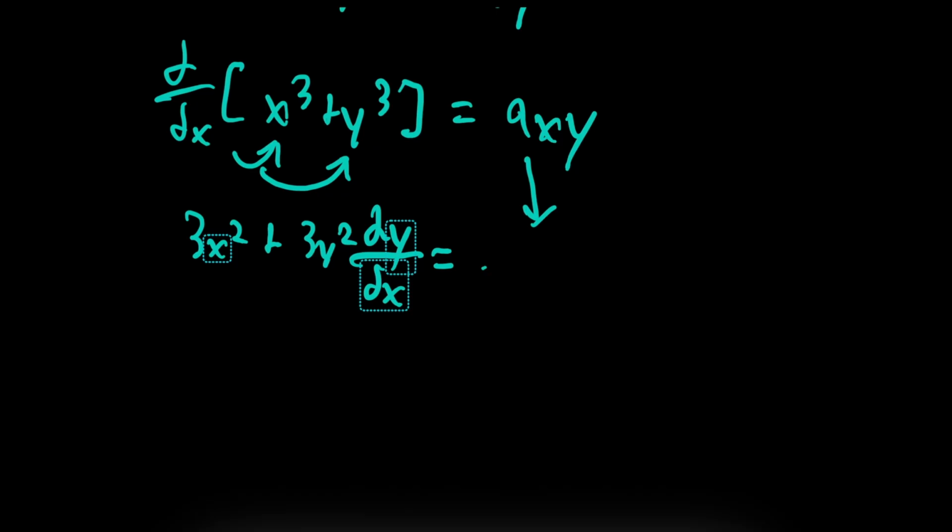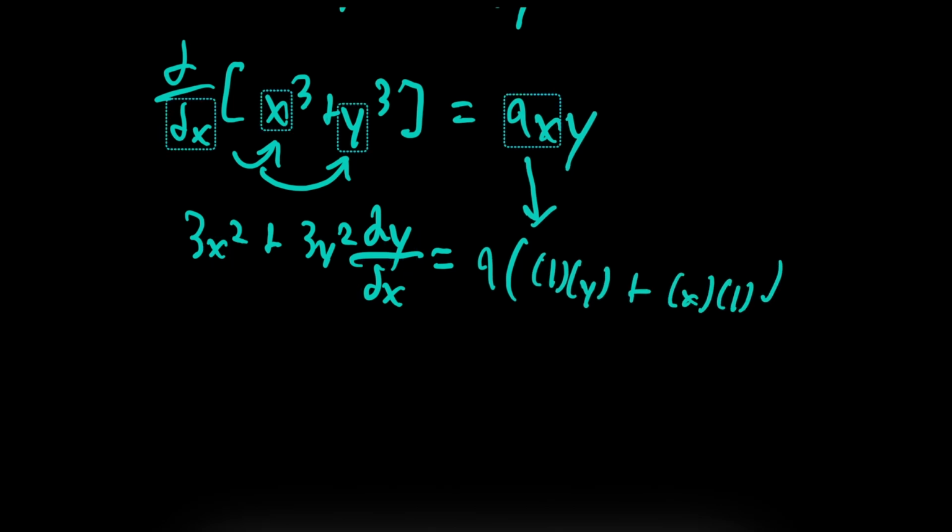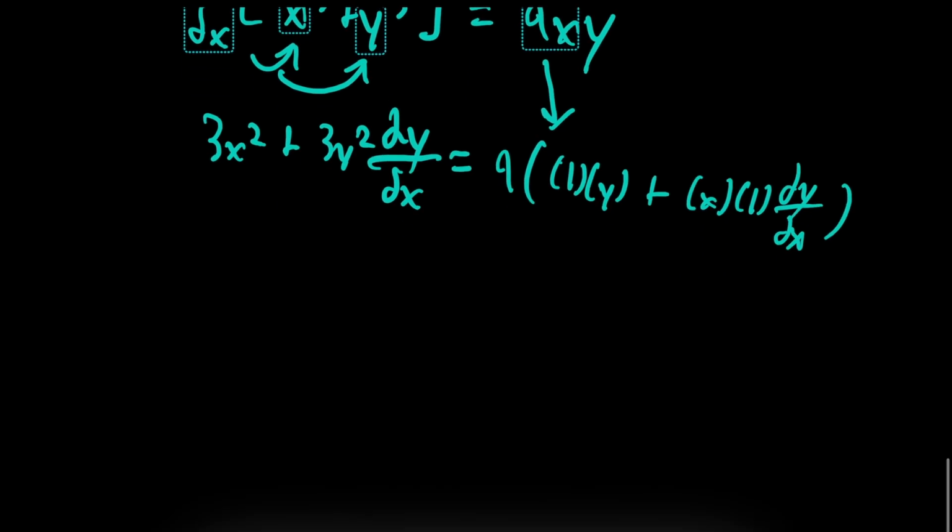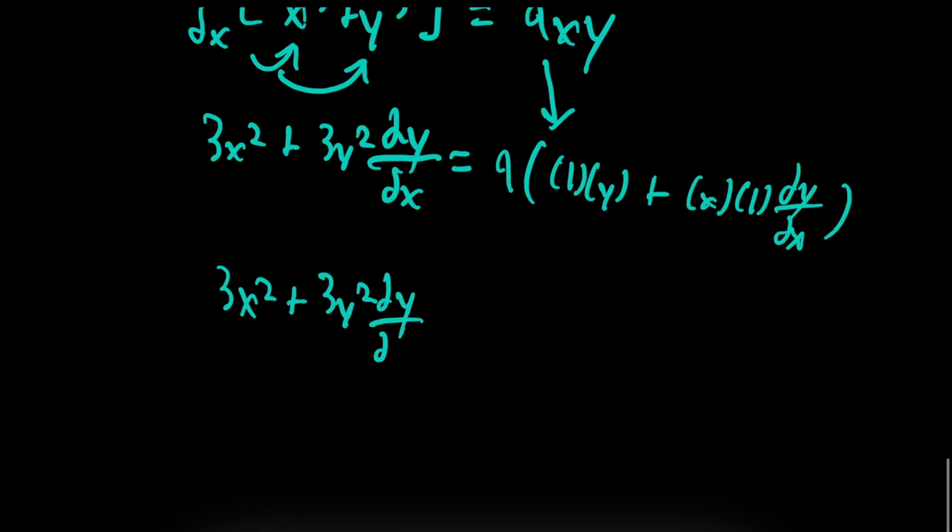And we can factor out the 9. So 9 times 1y plus x times 1 dy dx. And we can simplify this a little bit more. So 3x squared plus 3y squared dy dx is equal to 9y plus 9x dy dx.